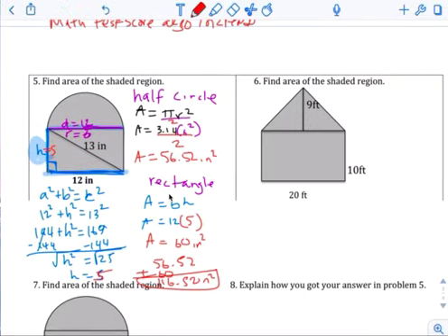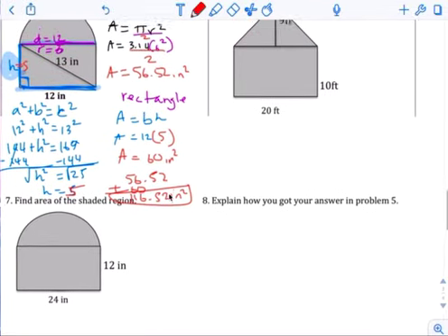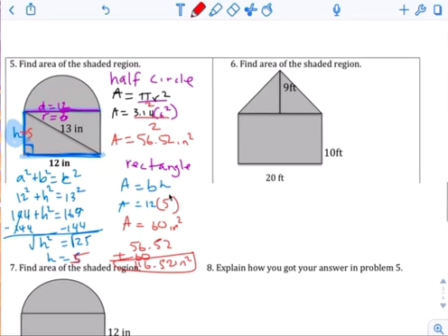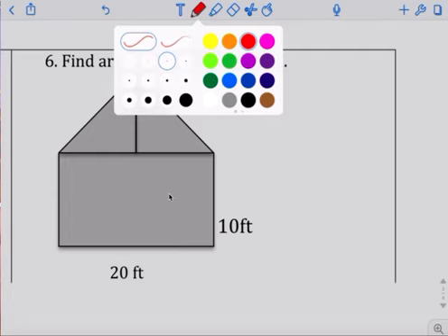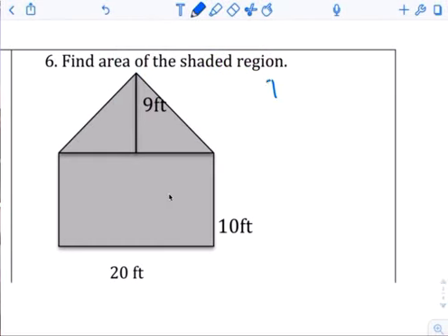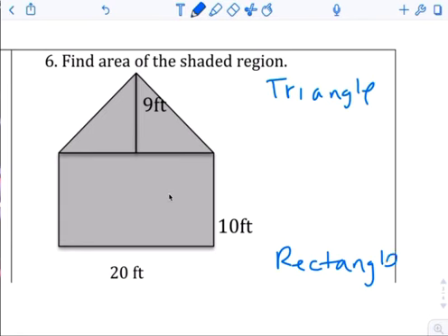Okay, find the area of shaded region. So, got the triangle and the rectangle. Triangle first, area is base times height divided by 2.